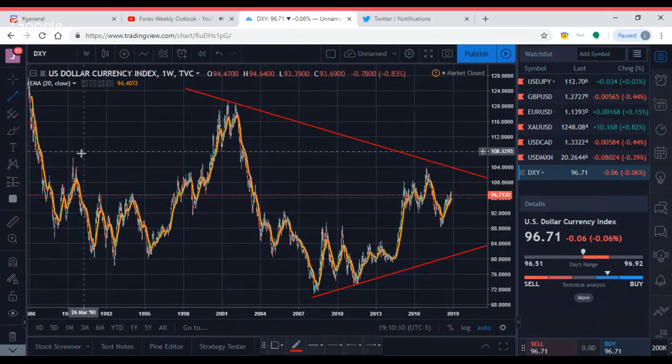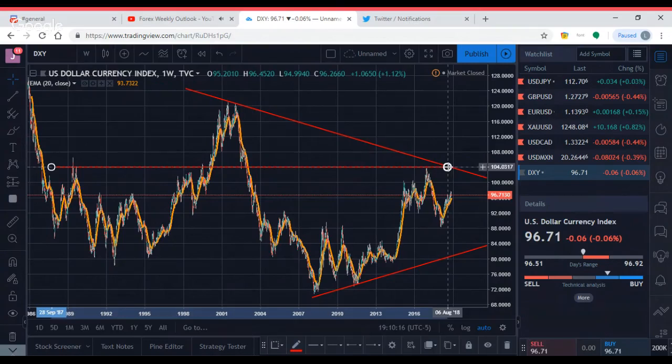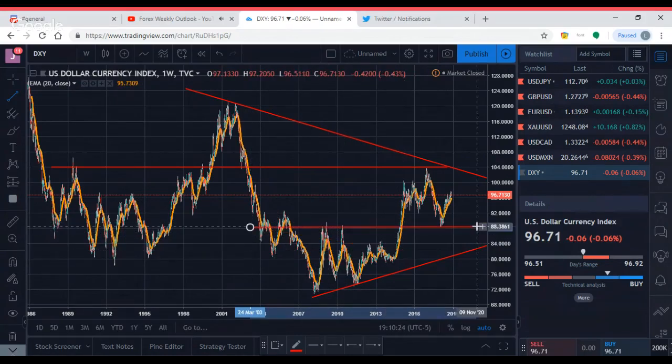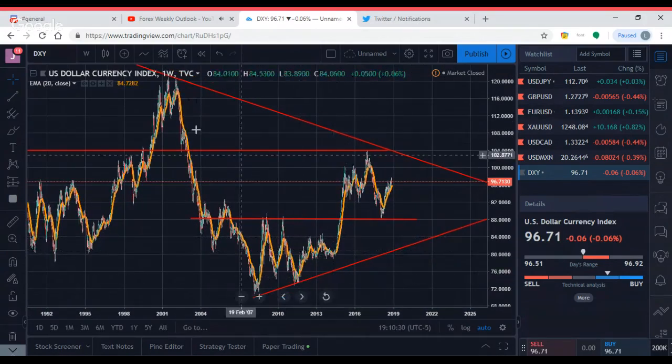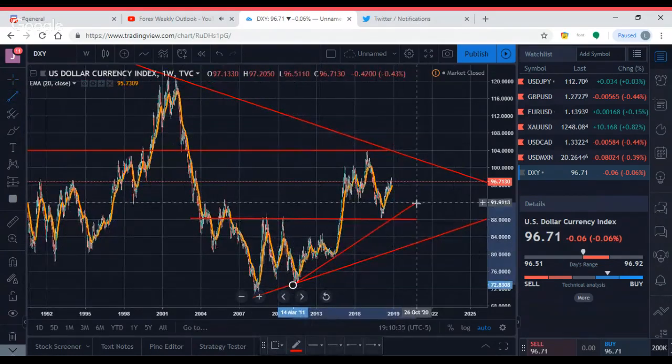So a level seems to be having trouble with this area. It's grabbing support, which is prior resistance here, this area. So next step right now is just a simple uptrend.